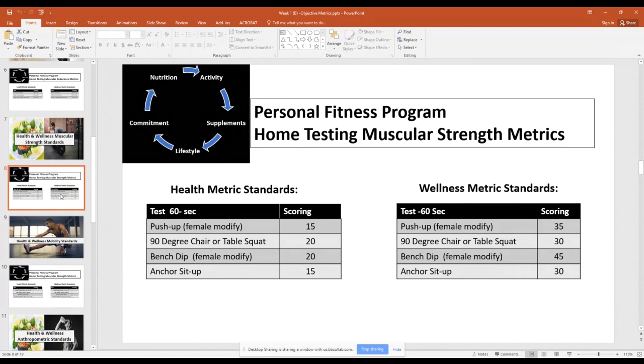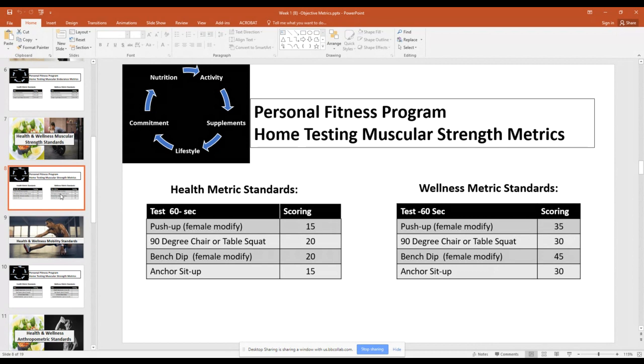that these measures are for health and wellness. There's two other additional measures called fitness and athletics, and those are more intense values. And so this course is designed really to improve your health and wellness metrics.